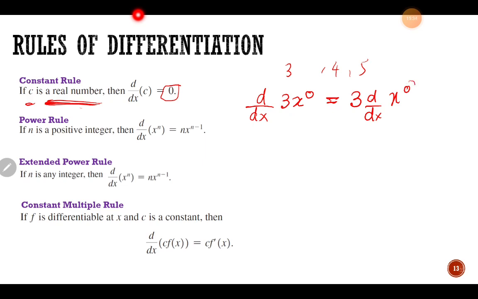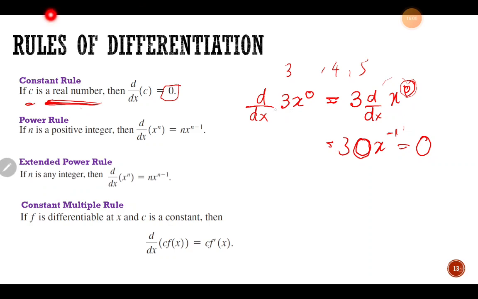X kuasa kosong ni, differentiate ni, dia punya formula bila you nak differentiate, kosong ni you turunkan ke bawah. So you turunkan ke bawah, x kuasa dia you tolak 1. So x power of negative 1. Tapi tak payah nak consider power pun, sebab kosong whatever you multiply with, you will get 0. Okay, so that's why the derivative of a constant is equals to 0.